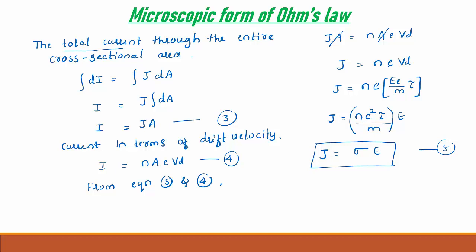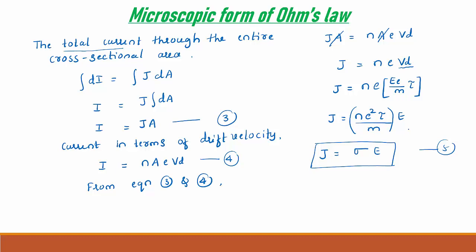Then the relation between current and drift velocity we already studied, equation 4, I equals n A e Vd. When we compare equation 3 and 4, we get equation 5, J equals sigma into E. Here in place of drift velocity we substituted its expression, Vd equals electric field into charge of the electron into relaxation time divided by mass of the electron.